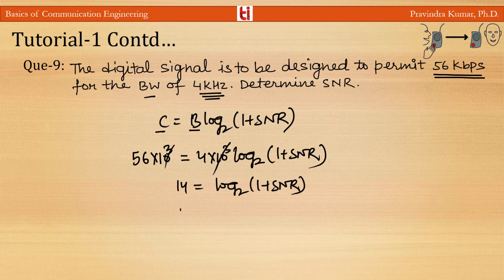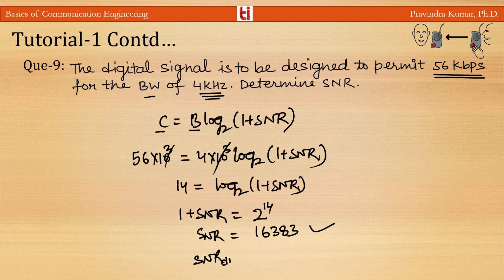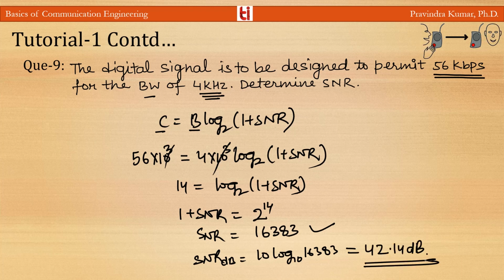We can write it as 1 plus SNR equals 2 to the power 14, or SNR will be 16383, and SNR in dB will be 10 log 10 of that, and it will be 42.14 dB. So this is the required SNR for the channel capacity 56 kbps and bandwidth 4 kilohertz.